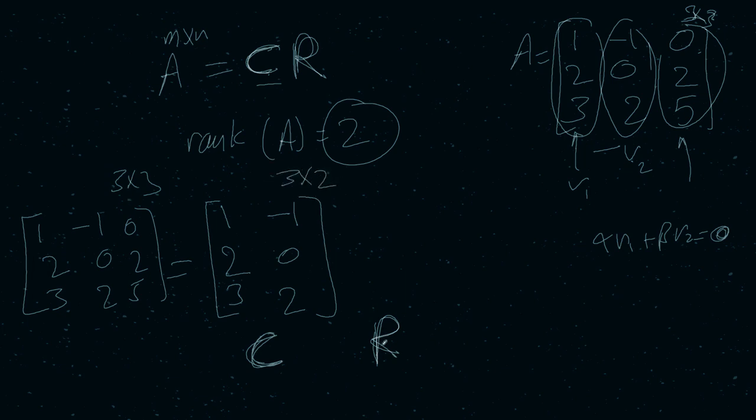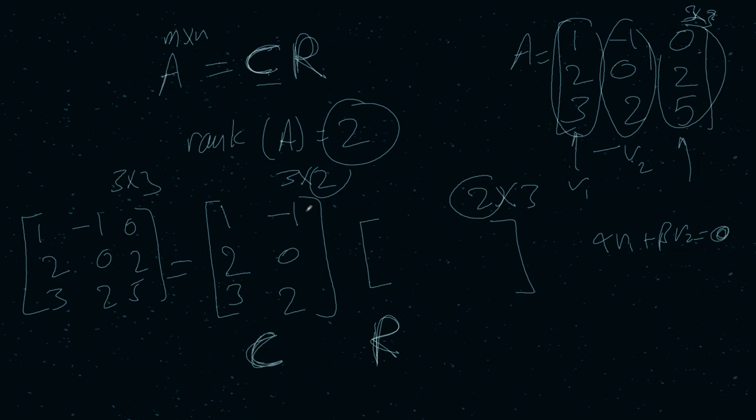So it is very clear that R must be 2 by 3, to make this multiplication legal, with the inner dimensions 2 and 2, and the result will be 3 by 3. So now I know the dimension of R. How to calculate R? The calculation of R is also extremely easy, because we know that the first two columns are the same as the first two columns in C.